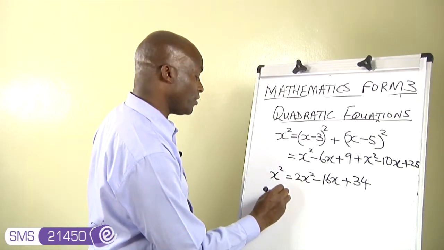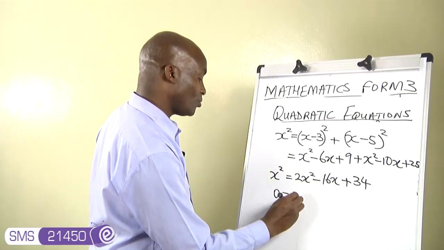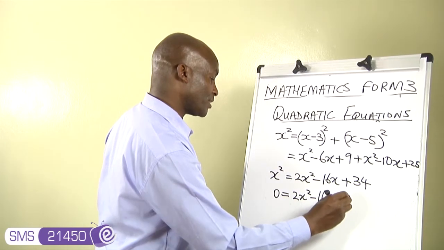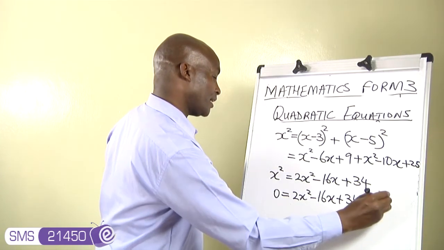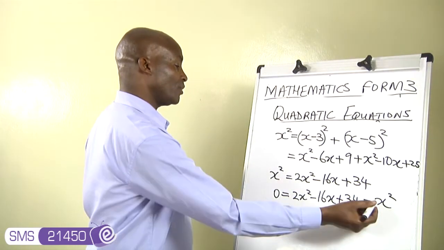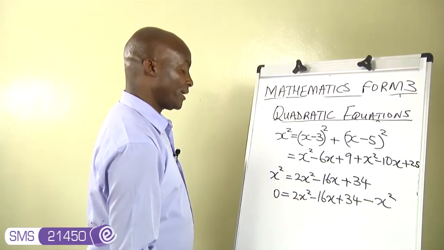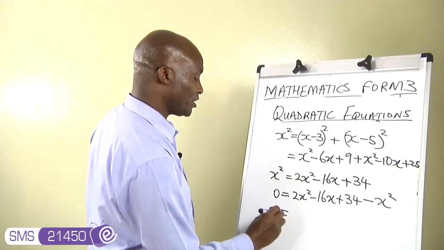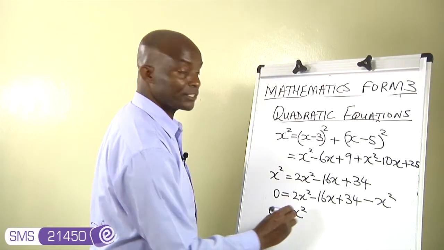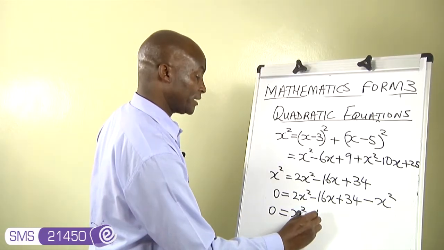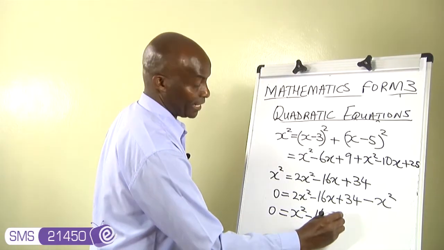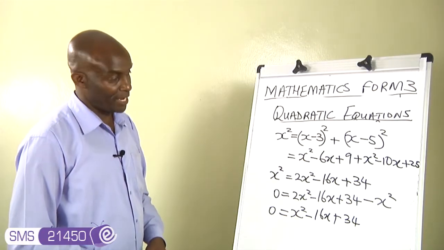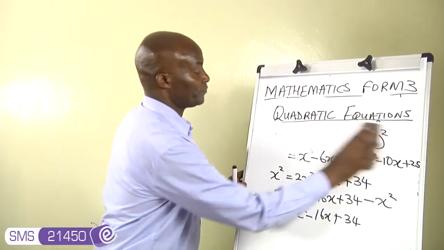So we will have 0 is equal to 2x squared minus 16x plus 34 minus x squared. Because we subtract x squared, we are left with 0 is equal to x squared minus 16x plus 34. And that is the equation that we now need to solve.